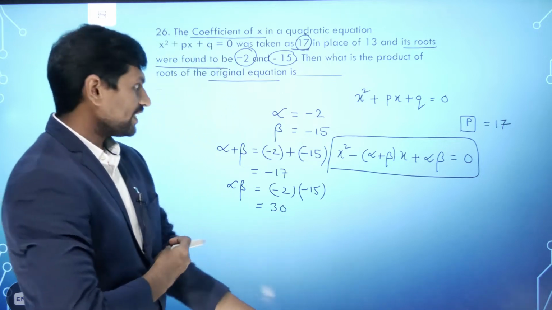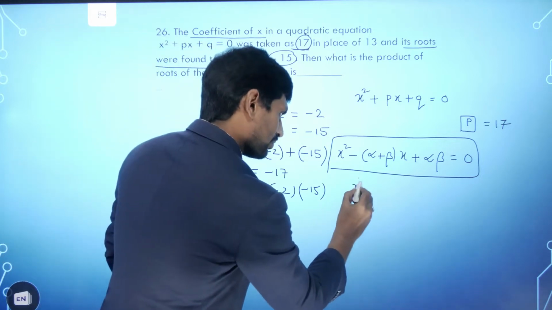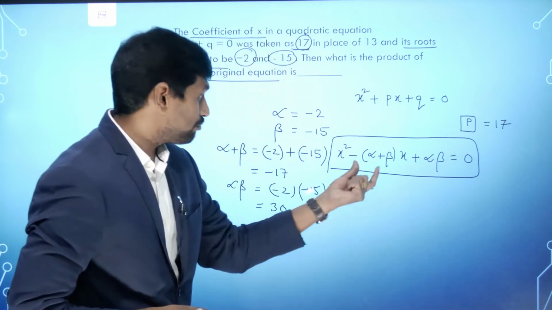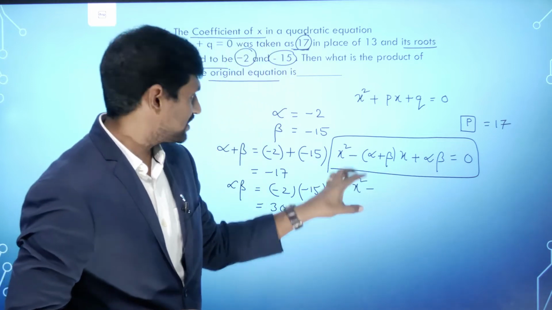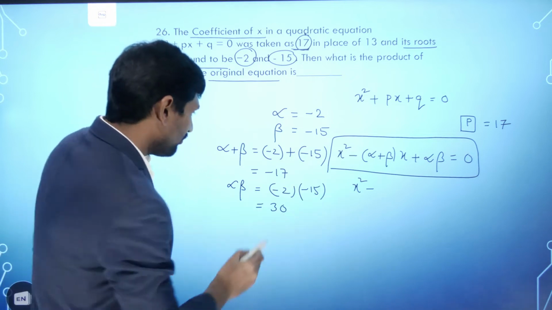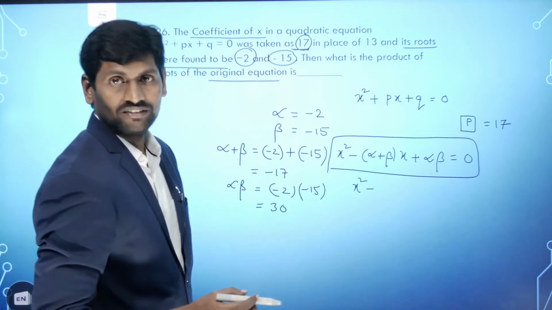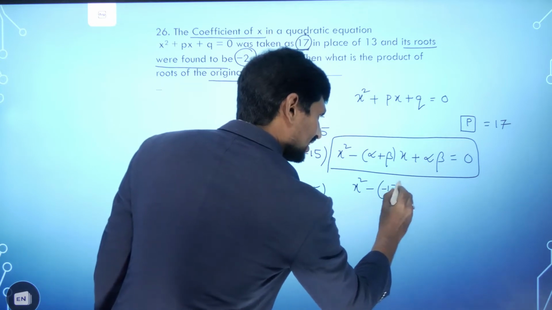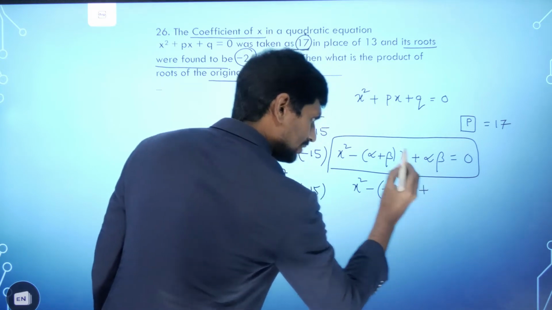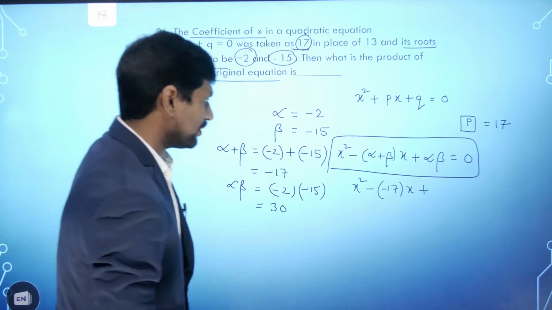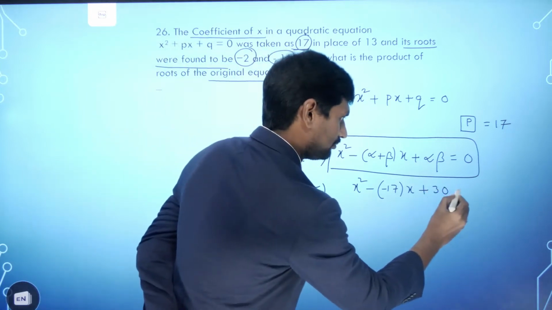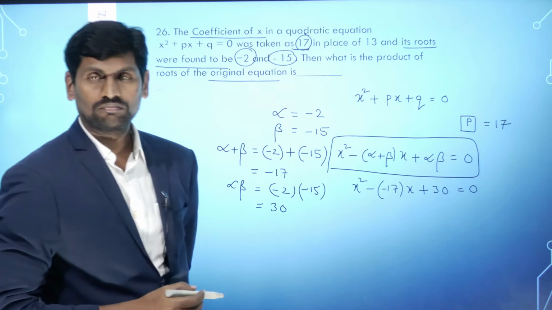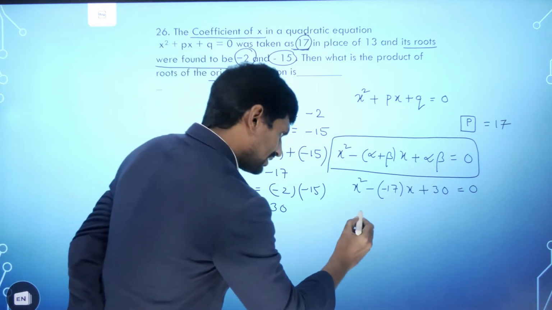Now the quadratic equation is x square minus the sum of roots. In the place of alpha plus beta, we write minus 17, into x, plus alpha into beta, which is 30.